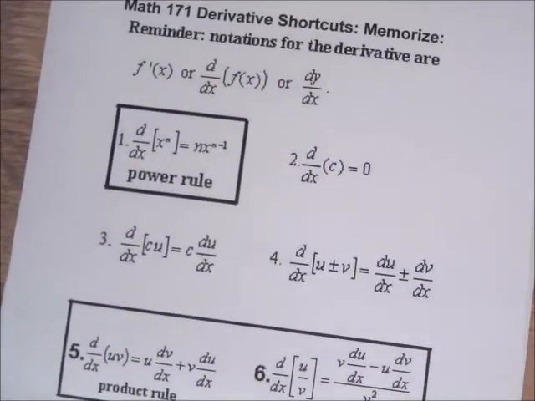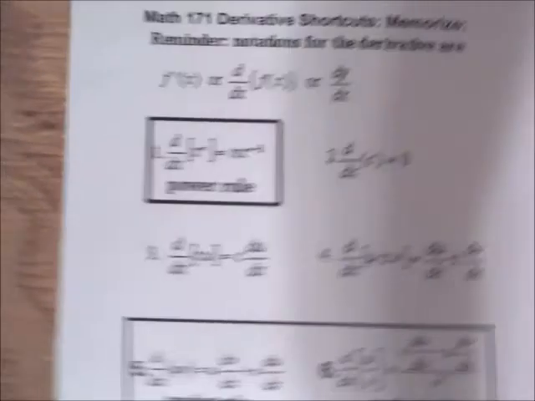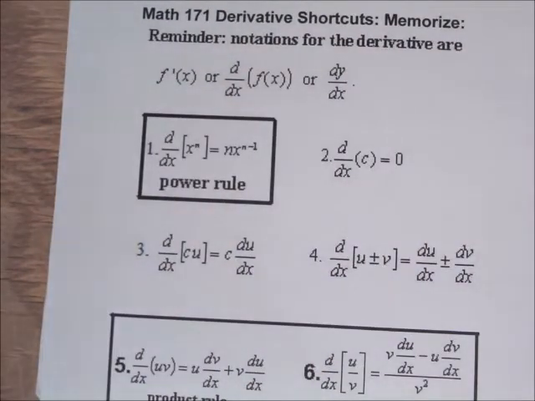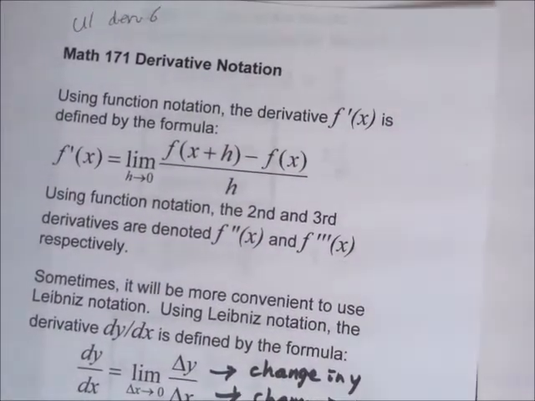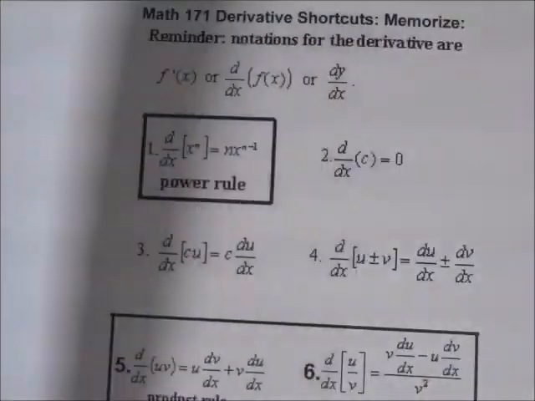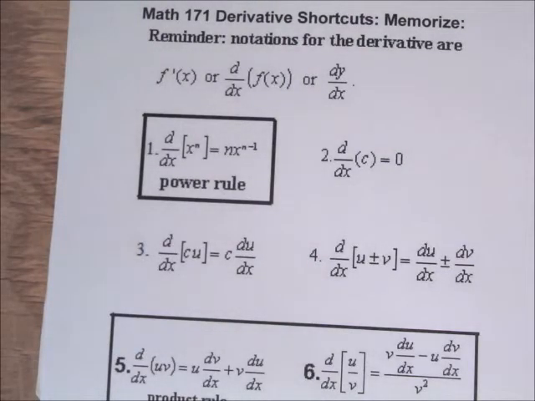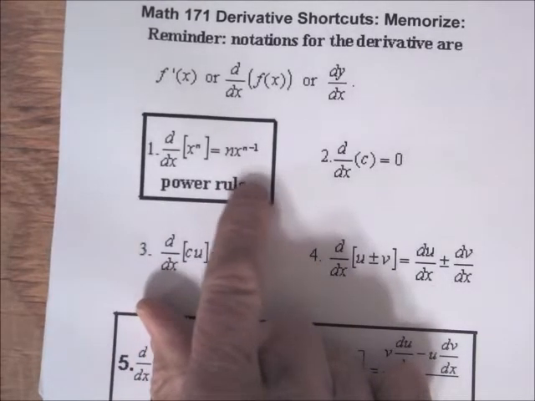One is the power rule. So far we've been using the definition of derivative, which can be kind of time-consuming. So these are some shortcuts that will be helpful, at least if we are taking the derivative of a function in certain forms.